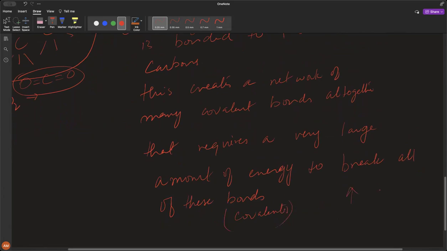That is why it has a very high melting point. Do you get it?